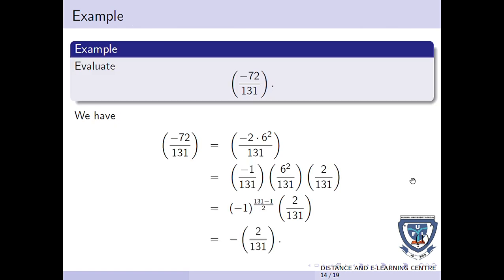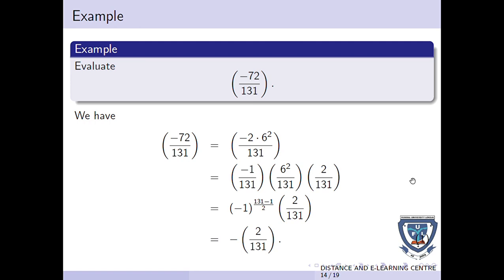Let's look at this example. Our final example in quadratic residues and quadratic reciprocity: we should evaluate minus 72 over 131. As usual, the numerator 72 is an even number, so you have to break it up into primes, which we have done.